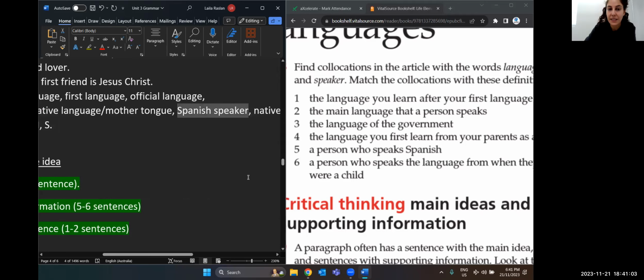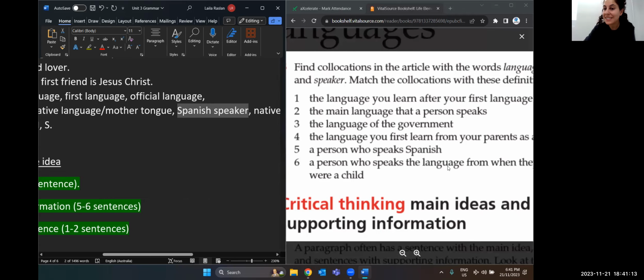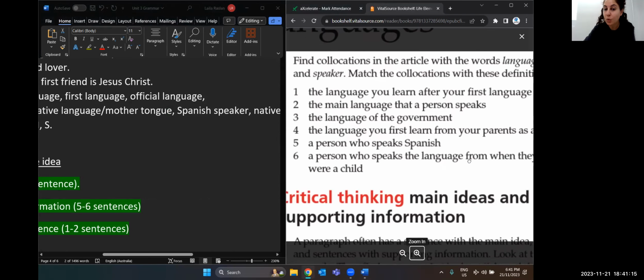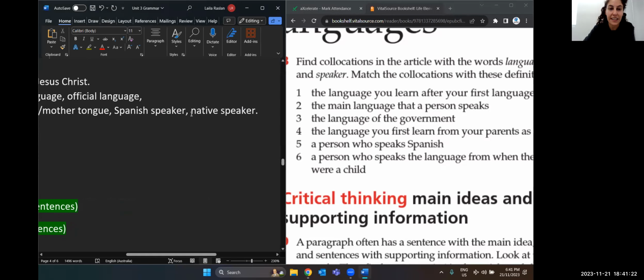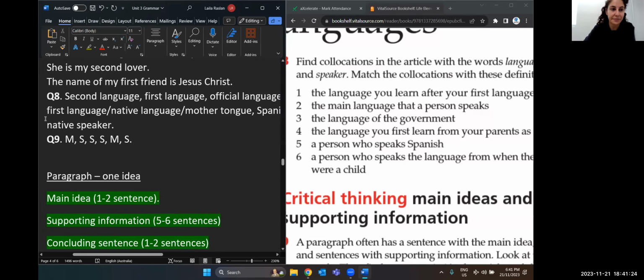A person who speaks French is a French speaker. So I am an English speaker. A person who speaks the language from when they were a child, again, native speaker. When you speak that language as a child, that's your native language.